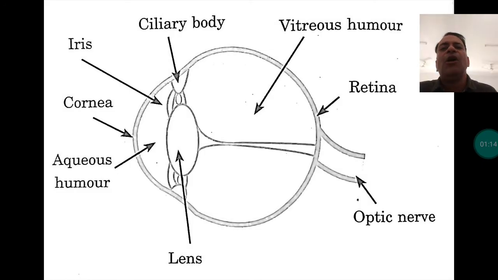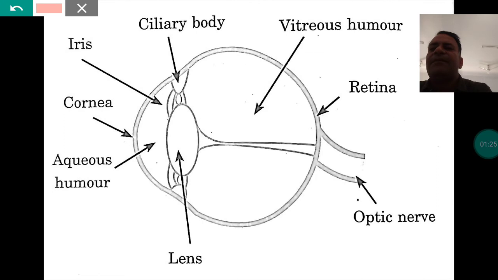It will stop all the dust, it will stop all the air that is blowing from entering your eye, because that may distract your vision. So this first part is cornea. The second thing is iris.